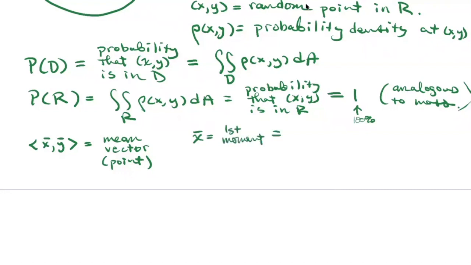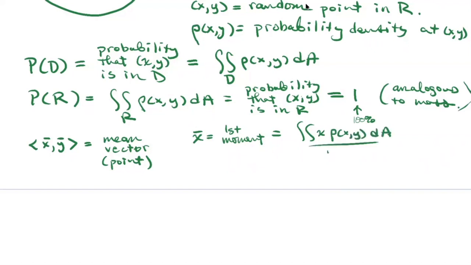So you would just do a double integral of, now x is always the distance to the y-axis. The first moment uses that x distance, and then you multiply by mass density, no, probability density, rho of (x, y) dA.